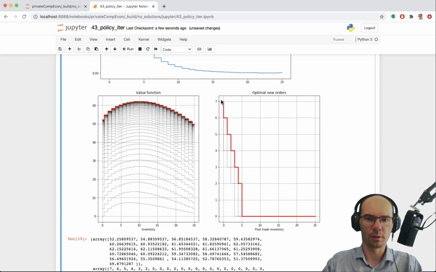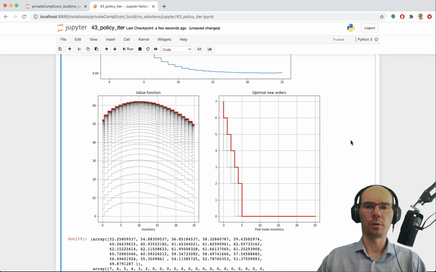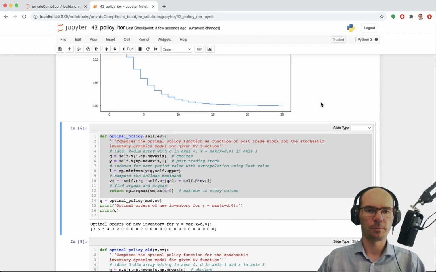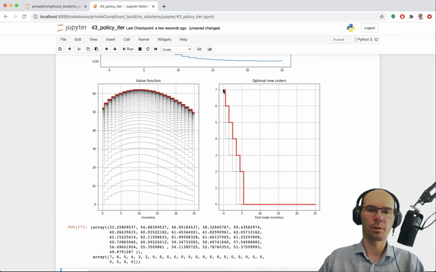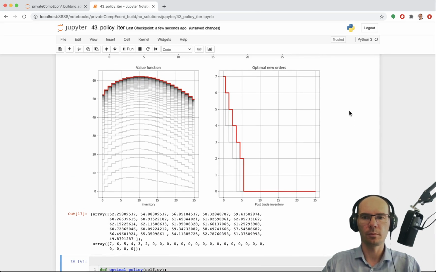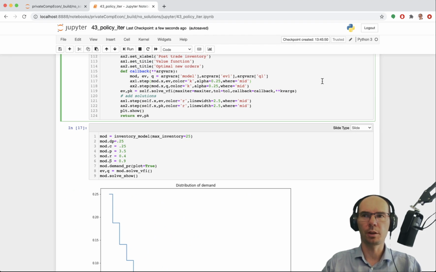Otherwise, what's this vertical line corresponding to 0? What does it mean? Now corresponding to 0, there is a clear 7, and to 1 it's 6, and so forth, and then we have this jump. Okay, so we have the class working.